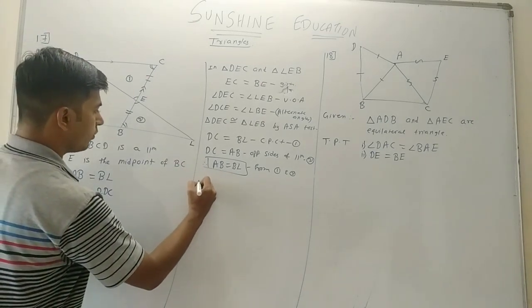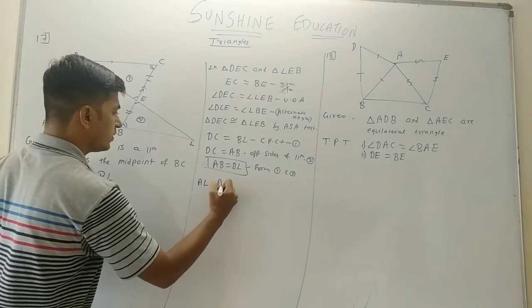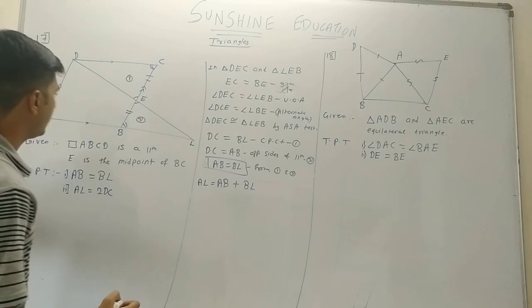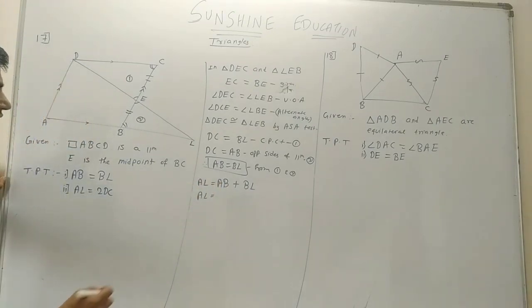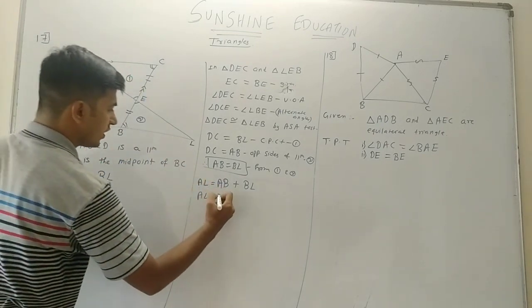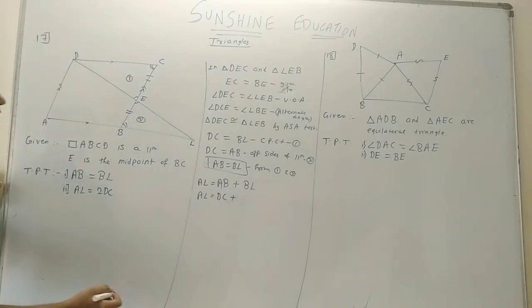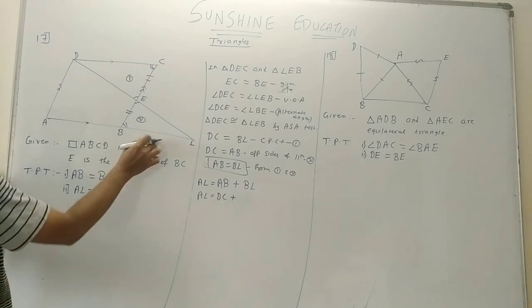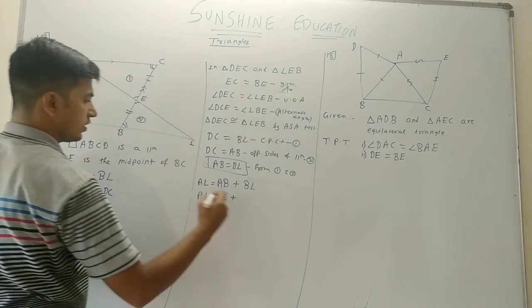So first of all, how we will get AL? AL is equal to AB plus BL. Okay, in place of AB, can I write DC because they are equal? And in place of BL, I again can write DC, yes, from 1.